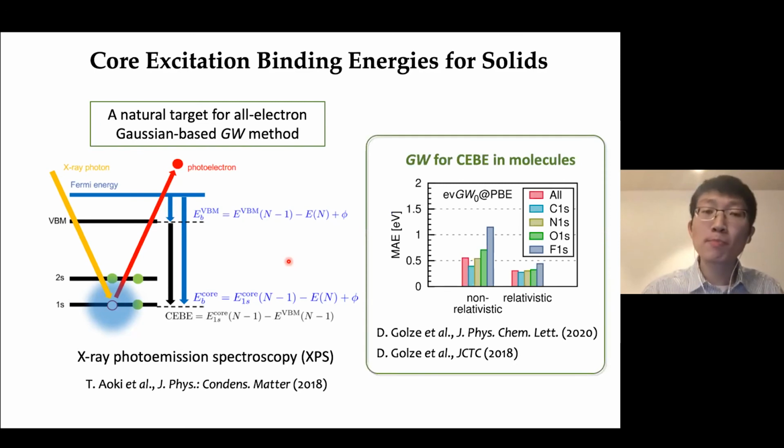And I also want to mention that there are already great explorations of using GW for computing core binding energies in molecules, specifically these two papers. The authors have shown that at this partially self-consistent GW level, one could get quite accurate estimation of core binding energy in small and medium molecules.